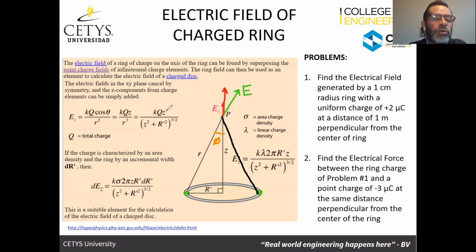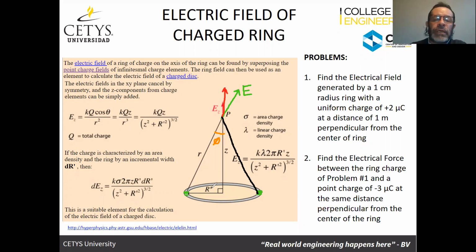Now, here we are also going to have a certain density that's going to be calculated by the linear charge density that goes around the ring. And the only difference between the linear density of the line and the linear density of the ring is that in the case of the line, the linear density was given by Q divided by the length.